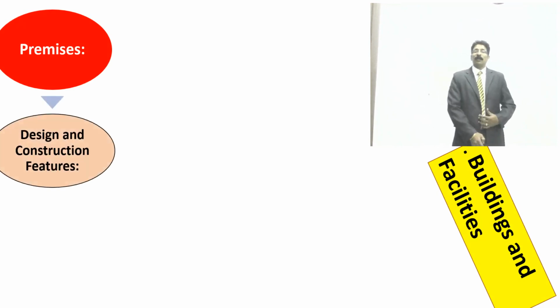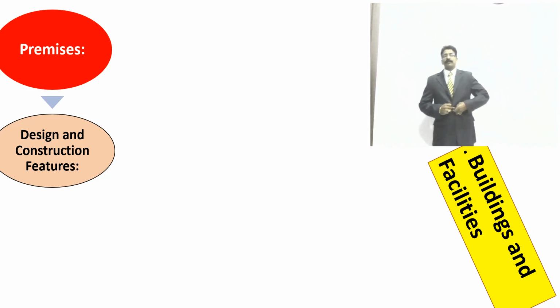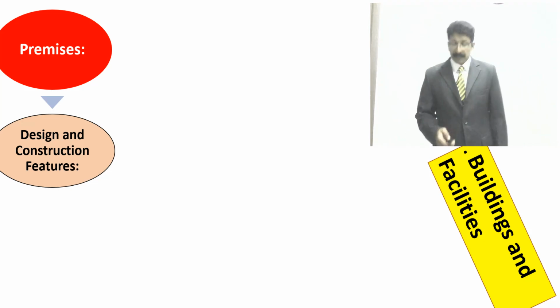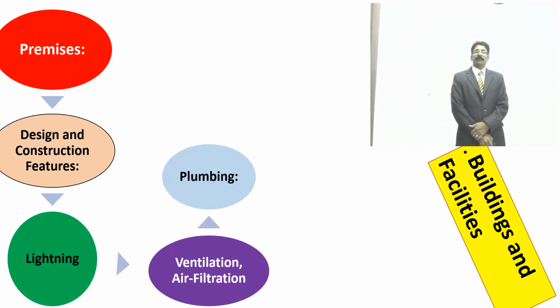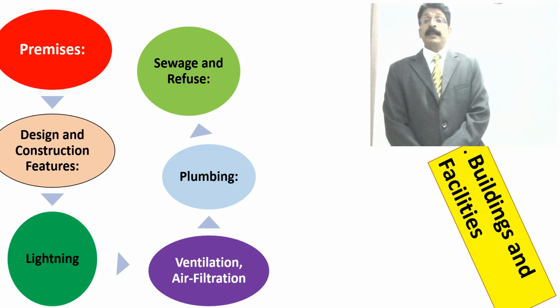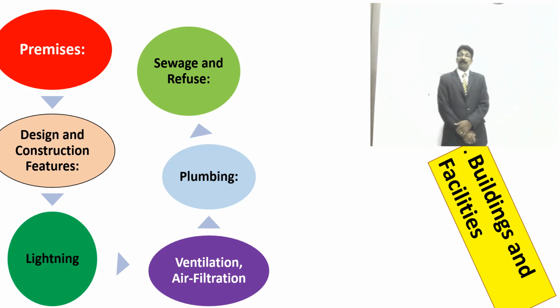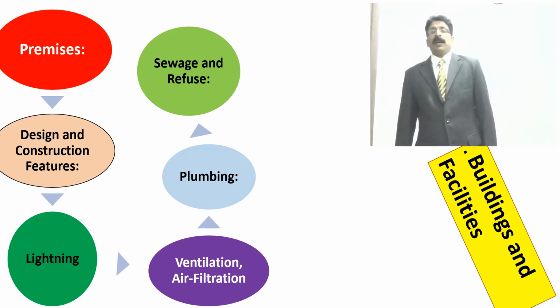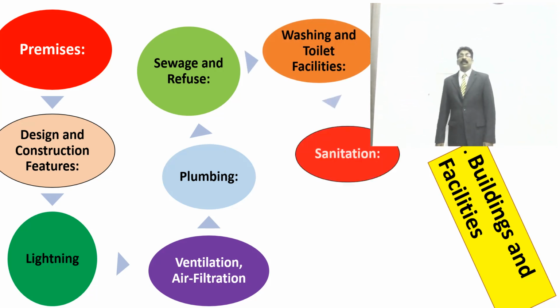We have discussed all the requirements for a building and the facilities by good manufacturing practice, in which we have seen all the points which need to be maintained, like premises, design and construction features, lighting, plumbing, ventilation, air filtration in the buildings and in the production areas, and sewage and refuse, for example, controlling environmental pollution by means of wastewater treatment, and washing and toilet facilities, how they should be maintained.